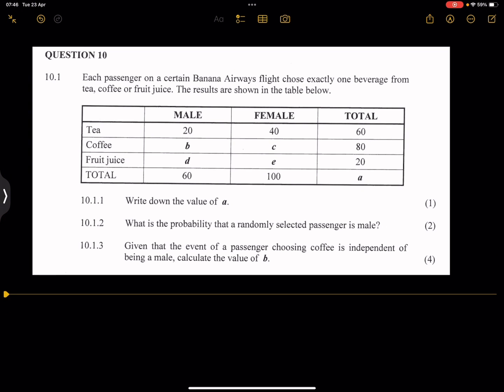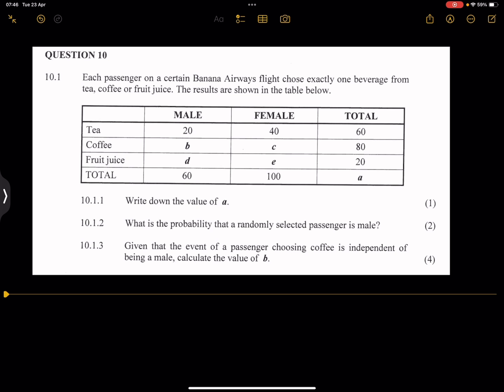They say each passenger on a certain Banana Airways flight chooses exactly one beverage from tea, coffee, or juice. The results are shown in the table below.